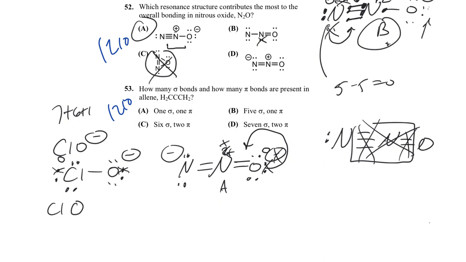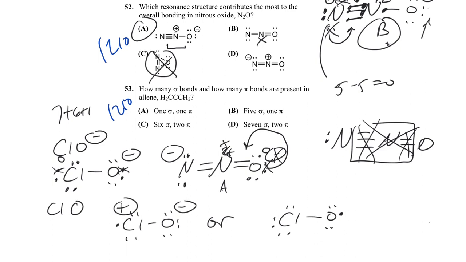So for ClO, do we go with this structure here, or do I go with the ClO structure where I remove the electron from O? This is actually a little bit of a tricky question because this one here has a minus and a plus, and then this one here actually has a 0 and a 0.